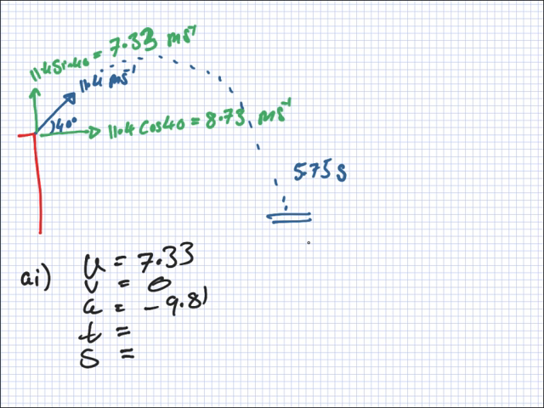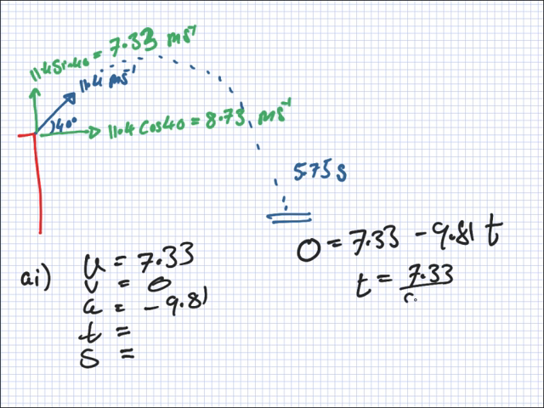How about V equals U plus AT? So T is 7.33 over 9.81, and what is that, please? 0.747 seconds, yeah?